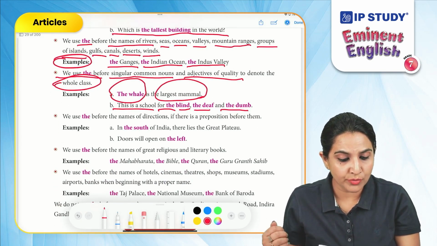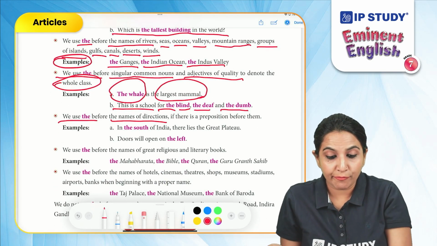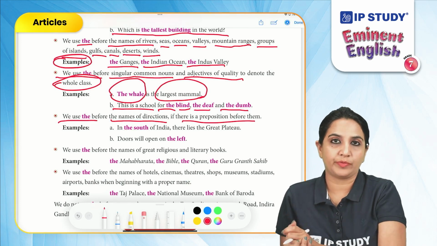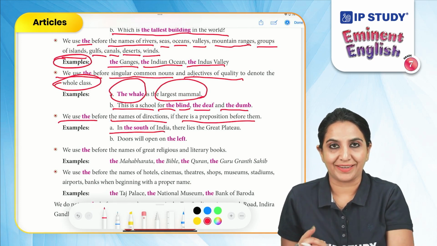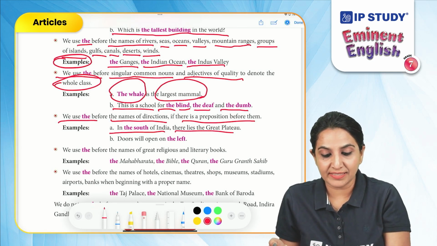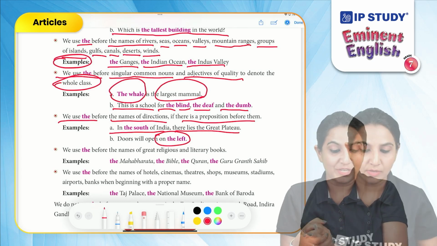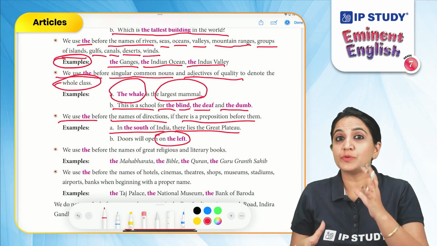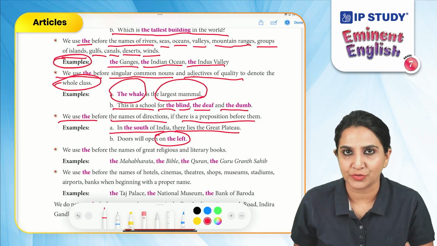We also use the before the names of directions if there is a preposition before them. For example, in the south of India, there lies the Great Plateau. Doors will open on the left. So here you will use article the when you're talking about the directions.